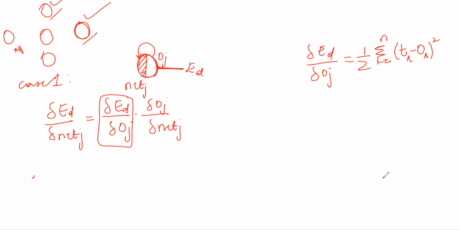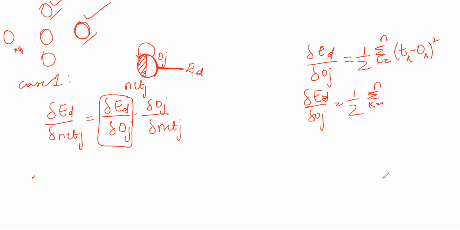Now when I apply the partial differentiation, delta ED by delta OJ is equal to 1 by 2, I'll keep the summation as it is, k equal to 1 to n.